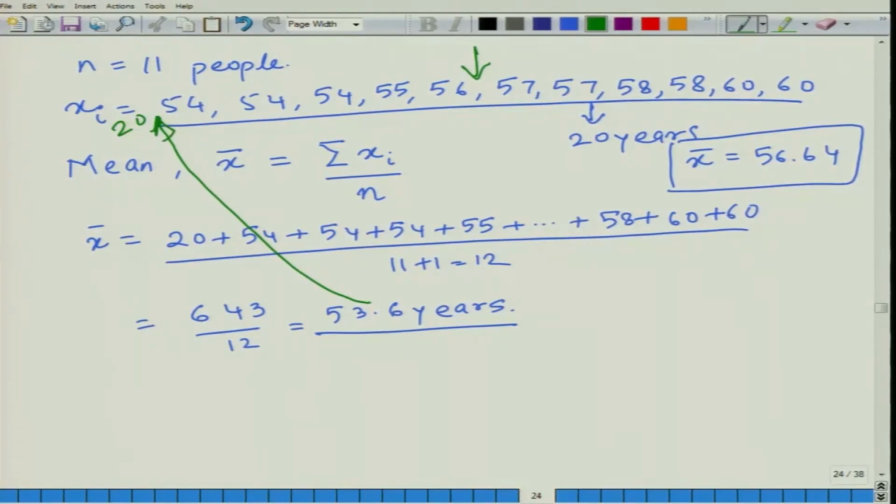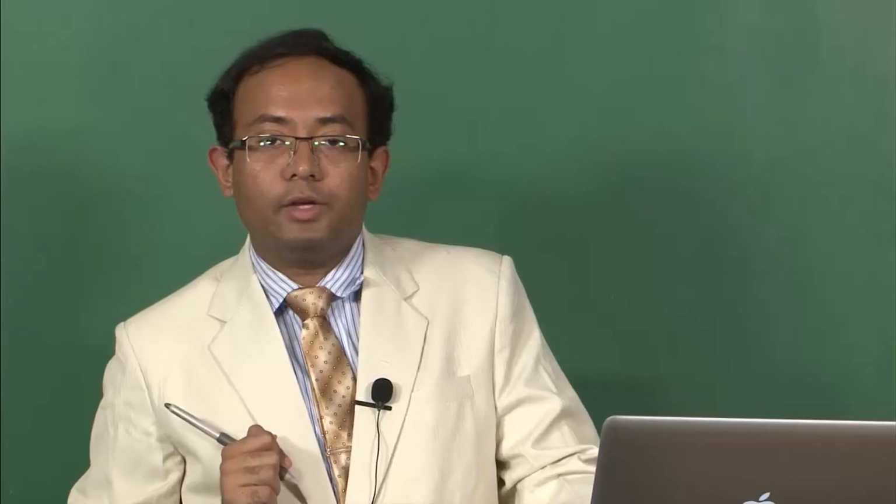So, essentially one value lies to the left side of 53.6 years and we have 11 values on the right side of it. So, can we still call it a measure of the central tendency, and how good would it be to be used for our distributions? So, these are the limitations of mean. It is very much influenced by the outliers, which is why we need another measure of central tendency, which is called the median.